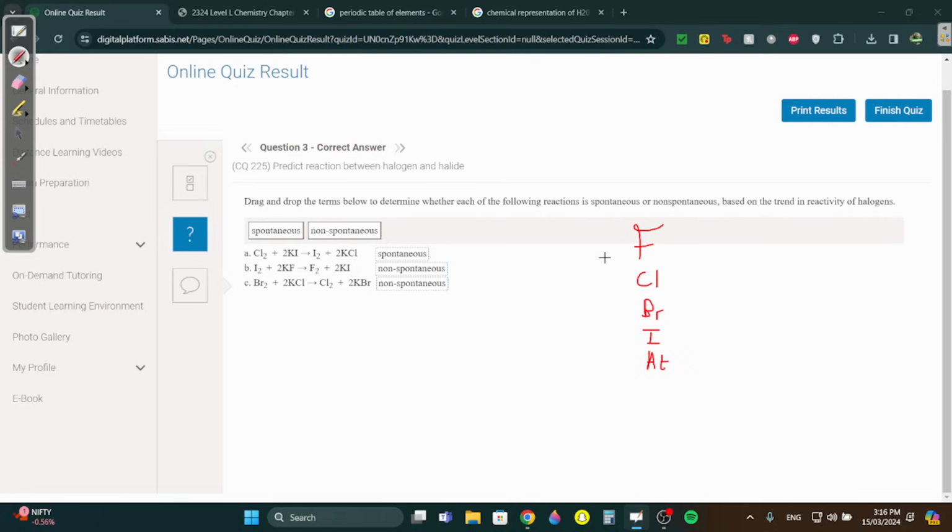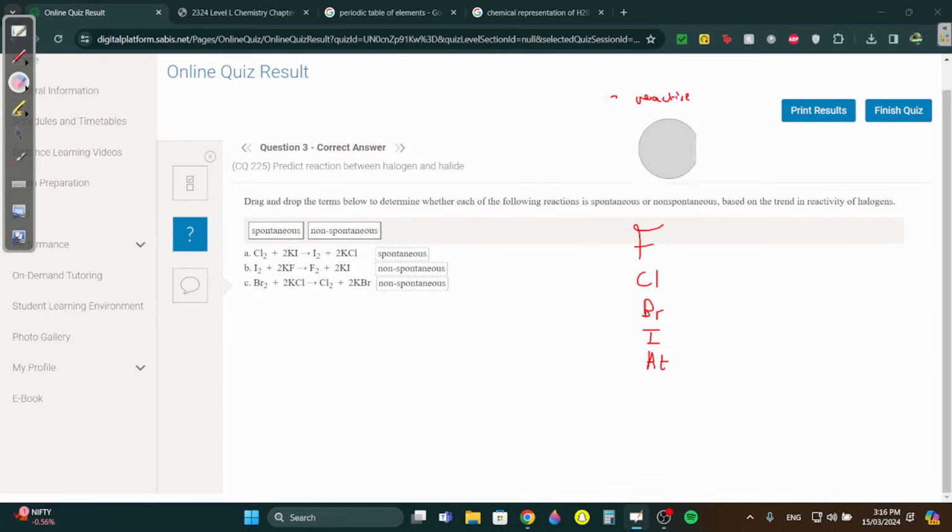The thing is with these halogens, when you have a spontaneous reaction, it's always the neutral halogen plus the halide. The neutral one always has to be more reactive. So it's going to be halogen 2 plus halogen minus. The halogen that has 2, which is the neutral one, always has to be more reactive.